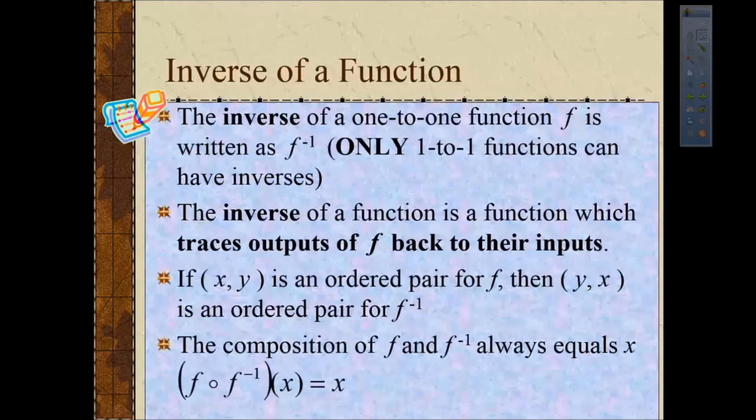And here's that written in notation. f composed with f inverse results in x. And f inverse composed with f also results in x. So the interesting thing is it doesn't matter the order we do the composition. Both of them will result in x, the function y equals x.